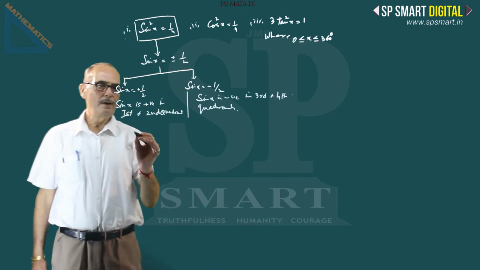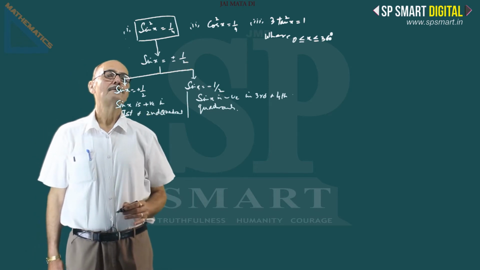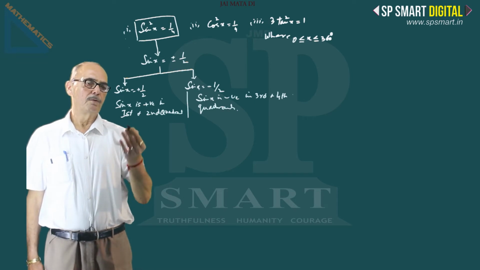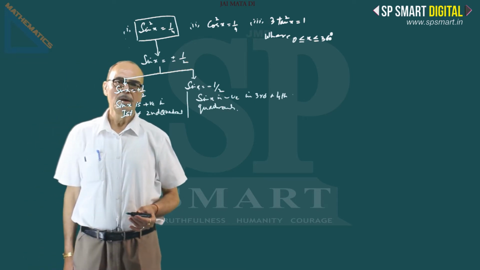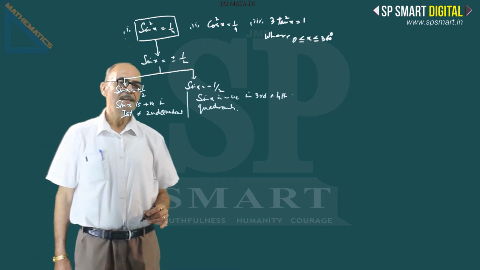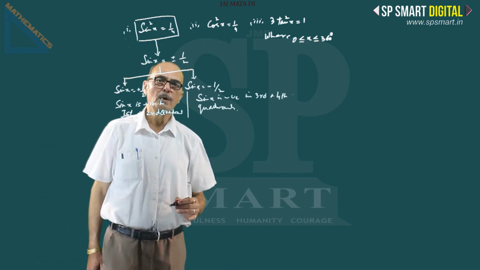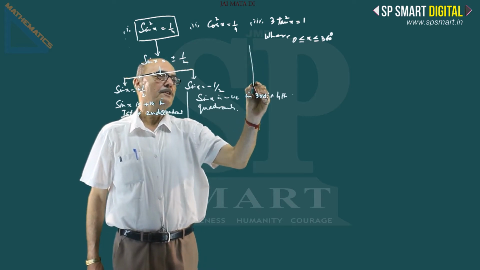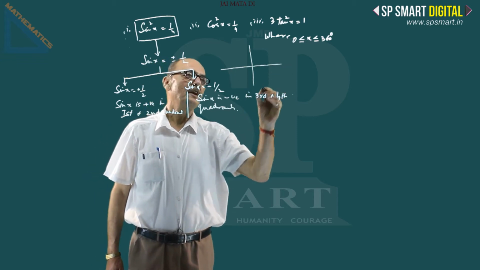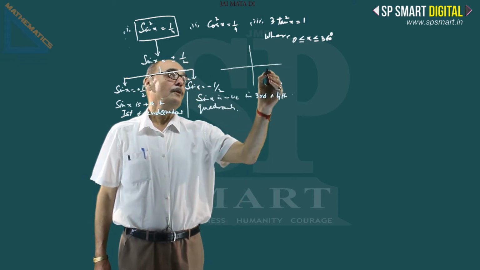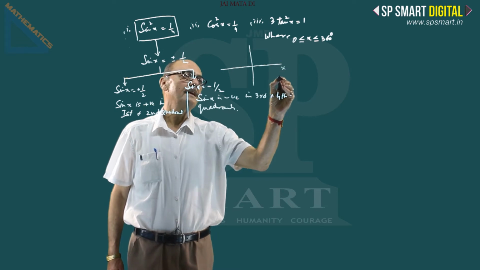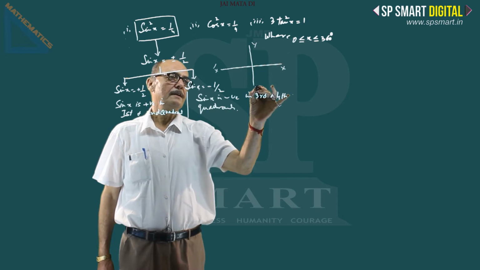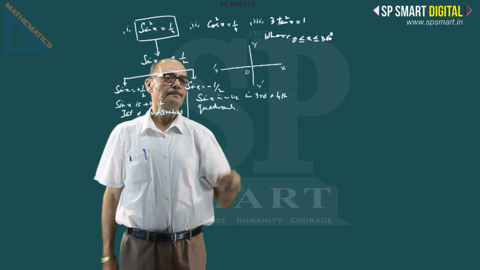So, if we observe the value of sin x, which is 1 by 2 in the first quadrant, orally we know it is 30 degree. But to find the value in second and third and fourth quadrant, we make use of this chart. And we shall see, this chart will be used in other problems also. This is x, x dash, y dash and origin.